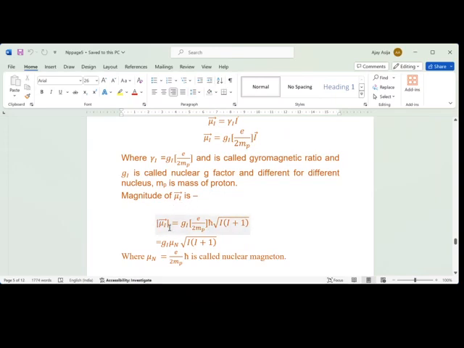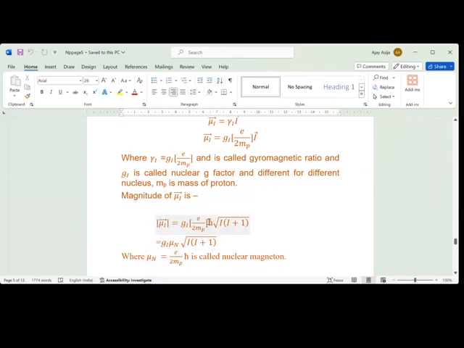Magnitude of mu I is Gi e by 2mp into the magnitude of total angular momentum. And the magnitude of total angular momentum is root of I into I plus 1 into h cut.